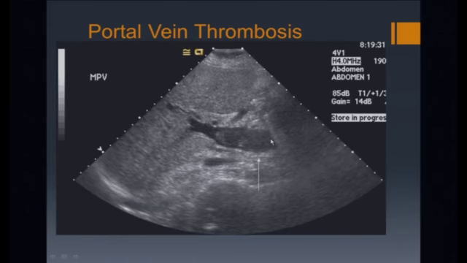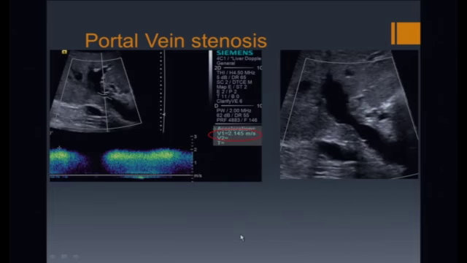Portal vein thrombus is visible sometimes as an echogenic filling defect occupying the portal vein. In this case, Doppler is not necessary. On this grayscale image, the thrombus is clearly visible. Portal vein stenosis may appear as a focal narrowing within the portal vein that shows up on Doppler ultrasound as an area of elevated velocity.